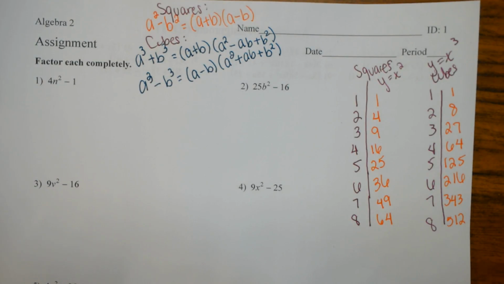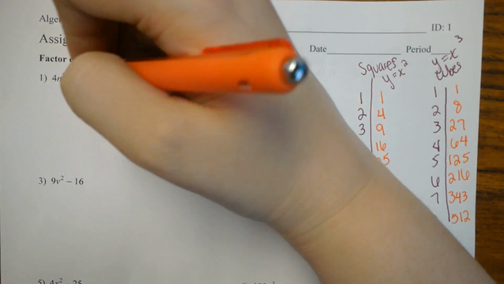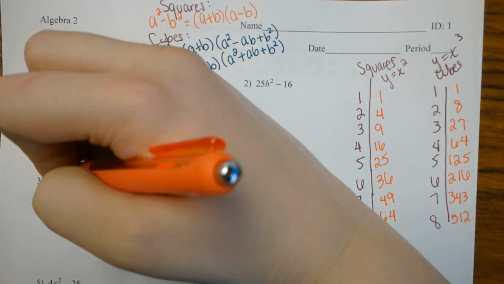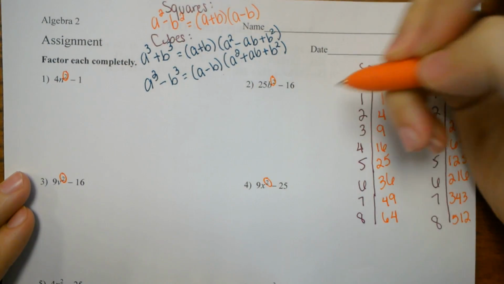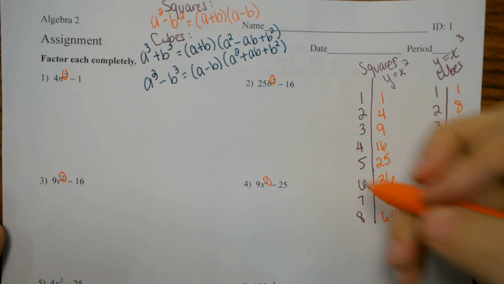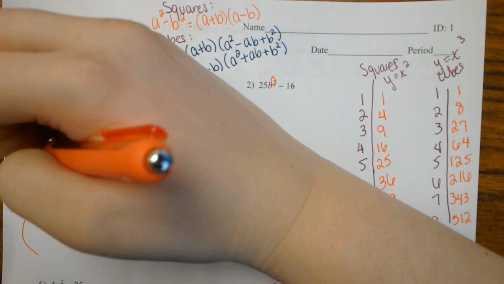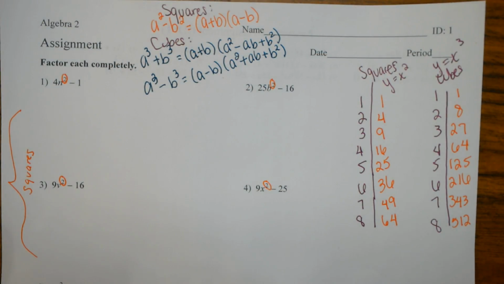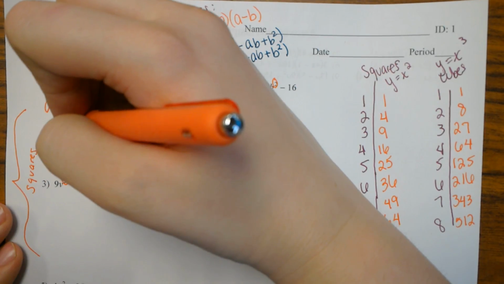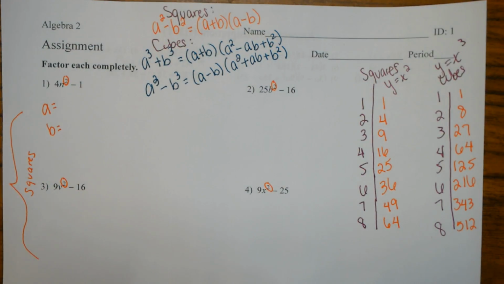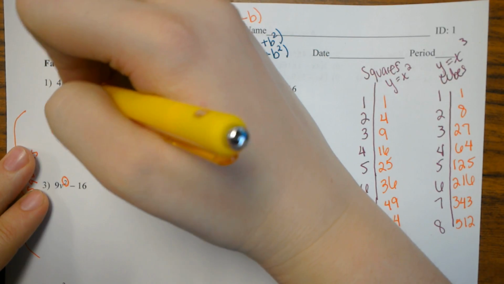And so the first part is looking at if you have a square or a cube. If your exponent is a 2, you're going to have a square. So these are the squares. You need to figure out what a is. A is the square root of 4n squared.